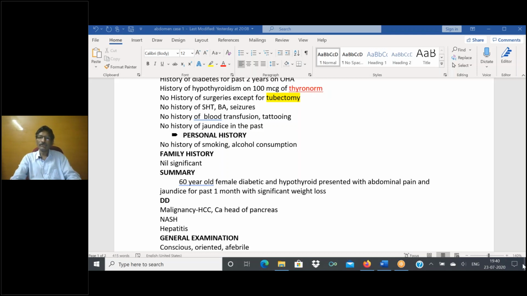Now, would you like to revise the order of DD, Vignesh? I'll give the opportunity to Vignesh again. Can you revise the DD? See, there are very strong points even technically here.